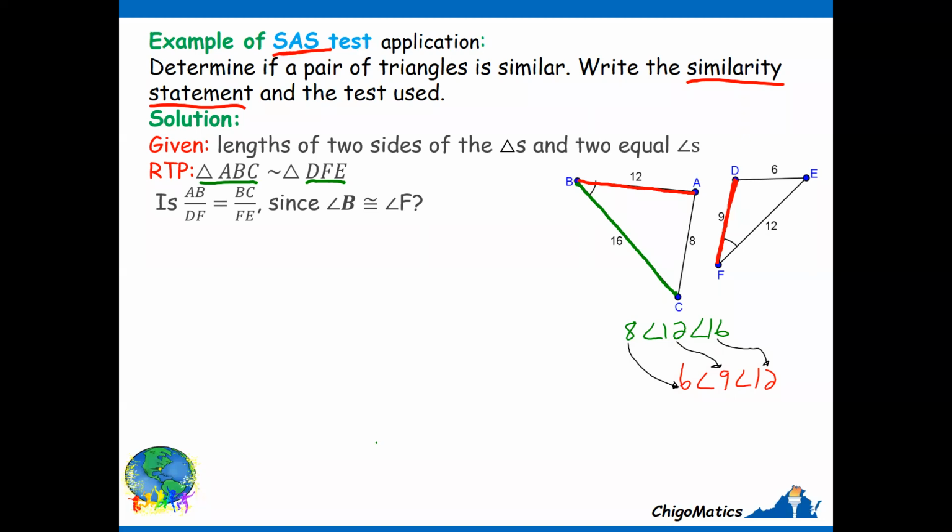That is what you are required to prove, but it's you who have to write it. That is the similarity statement, so that you see the correspondence of the sides and so on. So at the end, the question to us now, we are simply saying AB over DF. Then the green one, I didn't finish the green one. The green one is 16 will correspond to 12.